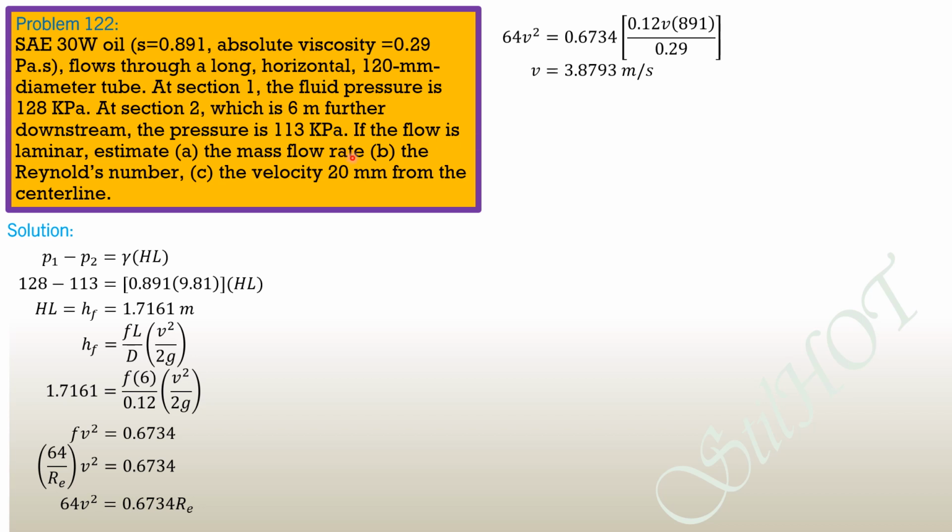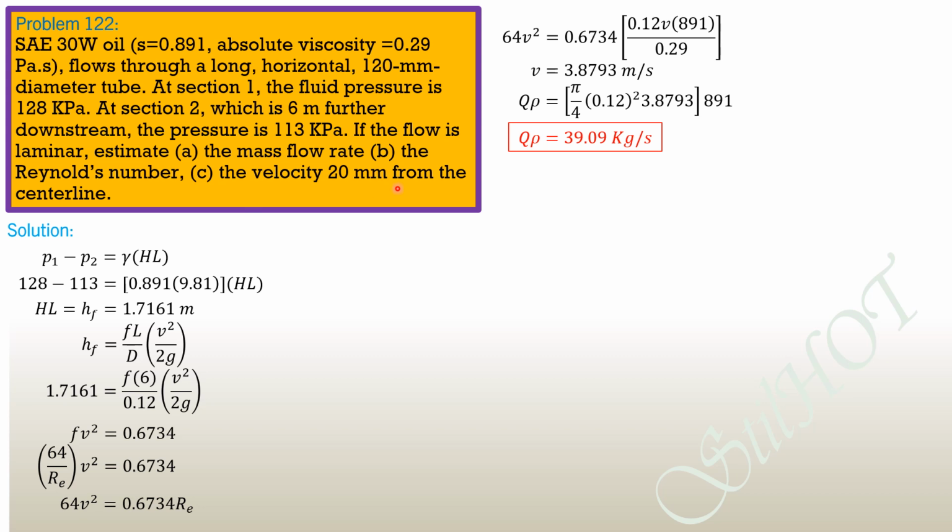Then we can now compute the mass flow rate, which is Q times density, and Q is pi over 4 times diameter square times mean velocity. So pi over 4 times 0.12 square times 3.8793 times 891 kilograms per cubic meter. So the mass flow rate is 39.09 kilograms per second.